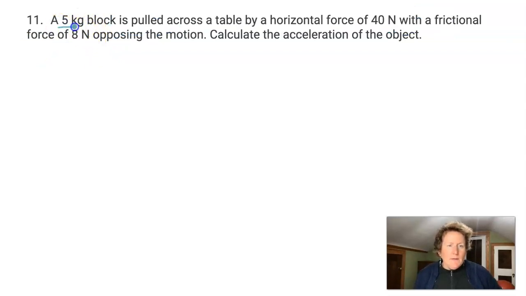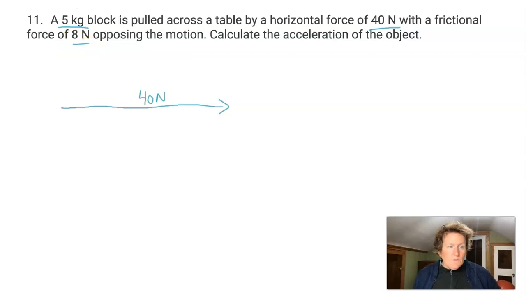So 11 is a little bit interesting here. We know the mass, we're given that. It's being pulled with a force of 40 newtons across a table. So we have a force of 40 newtons. I'll draw the vector. Remember, a vector has magnitude and direction. So this vector is 40 newtons. There's a force opposing the motion.